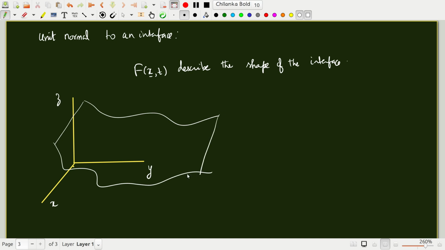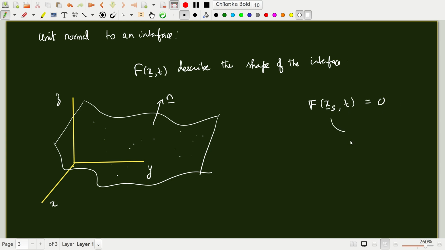You imagine having a sheet which is deformed everywhere, and you have a unit outward normal n. Now I can describe the shape of the interface by saying that if the vector x lies on the interface, there are various points on the interface, then always the function f of xs comma t should be 0.